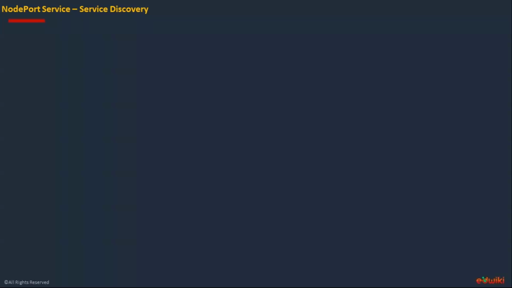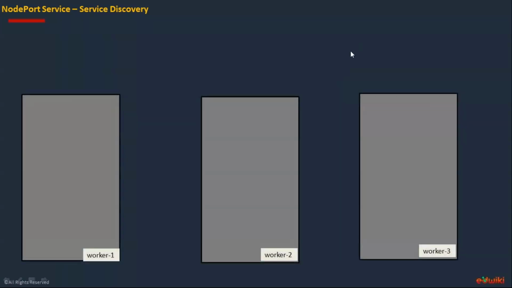Why? It is discovering where the application is running in the backend pods. And how exactly is it doing the discovery, guys? The service discovers the applications running in the pods with the help of labels and the selector concept, correct?